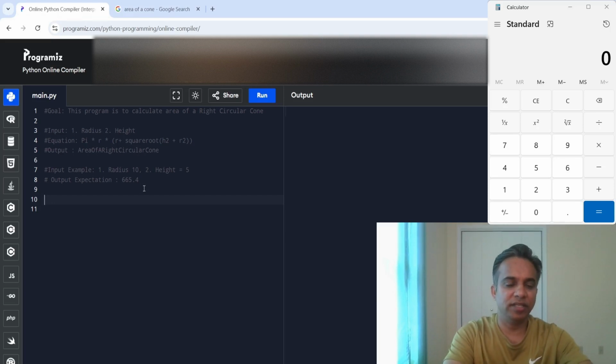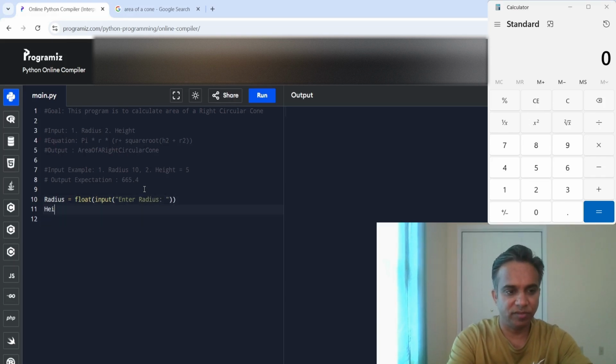The first step is to get the input, so that is radius equal to float input, enter radius. Next step is to get height equal to float input, enter height.